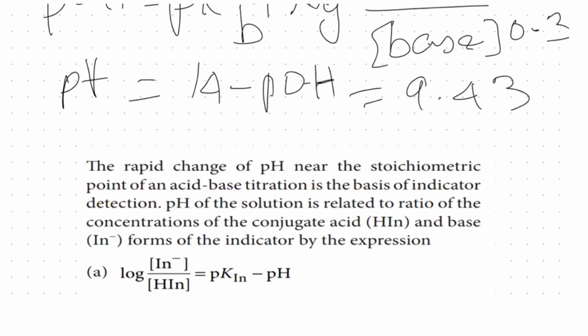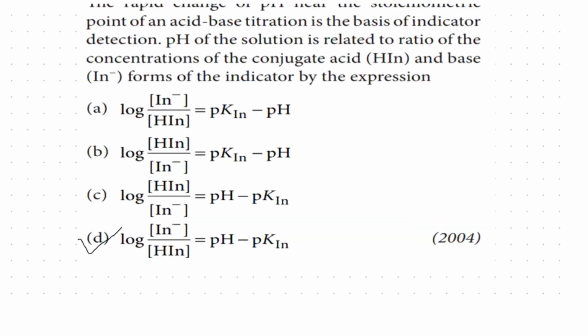The rapid change of pH near the stoichiometric point of an acid-base titration is the basis of indicator detection. pH of the solution is related to the ratio of the concentrations of conjugate acid and base forms of the indicator by the expression. They are actually directly asking you Henderson equation.